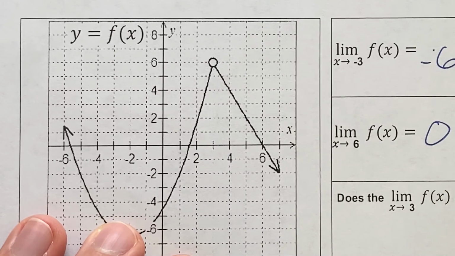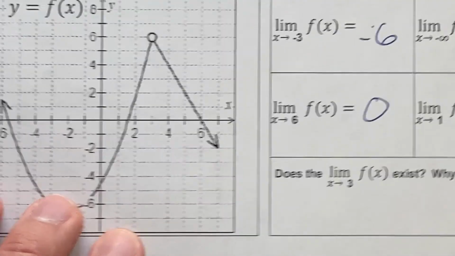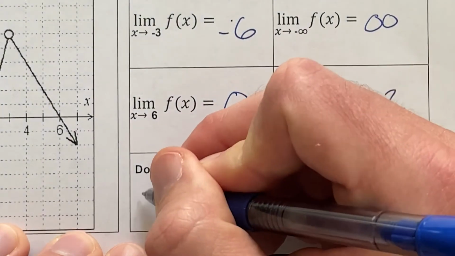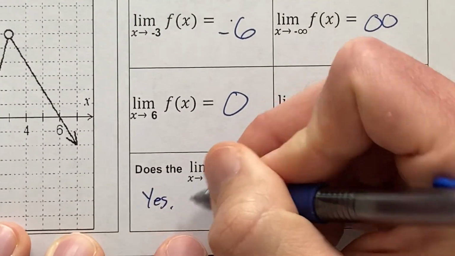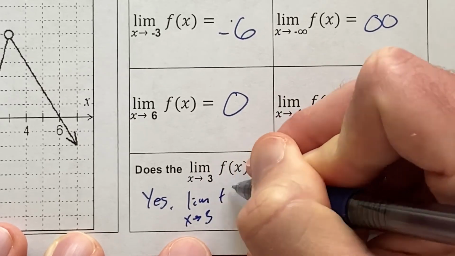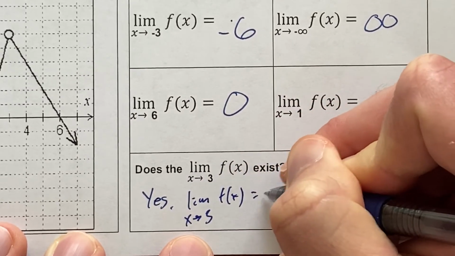Does it exist? Yes. Why? Because the left limit equals the right limit, or the limit from the left is equal to the limit from the right. So let's say yes. Limit as x approaches 3 of that function equals, we said 6.